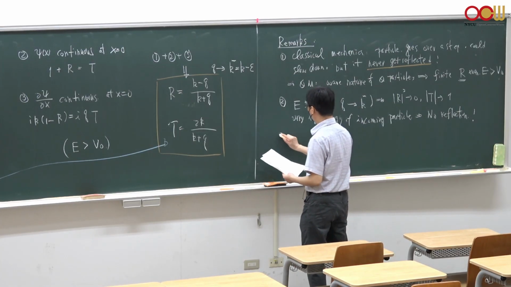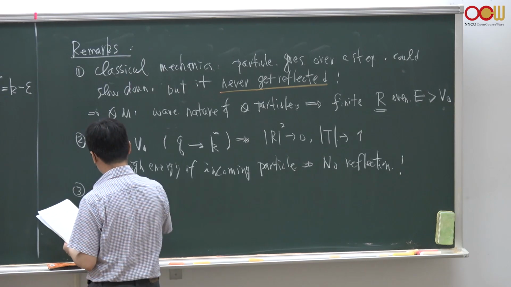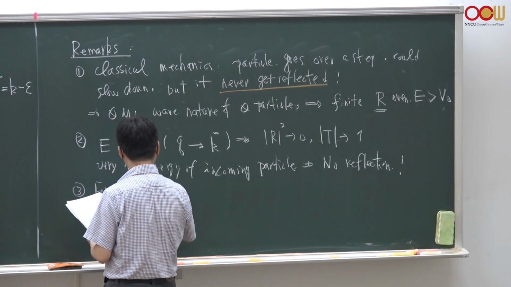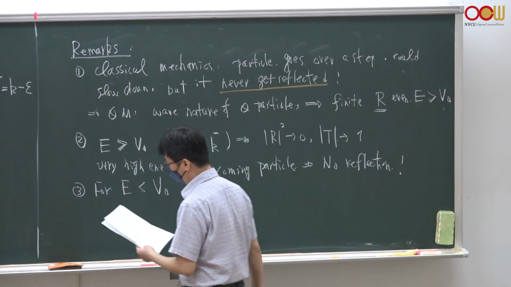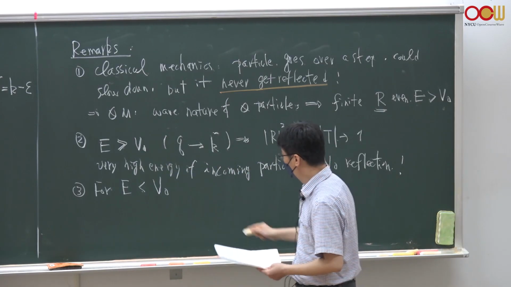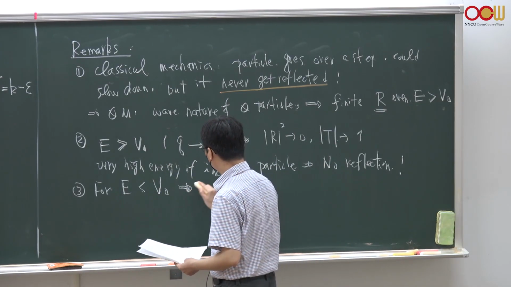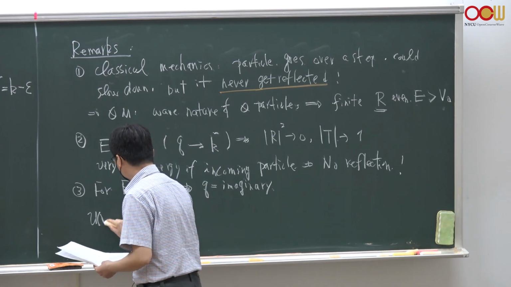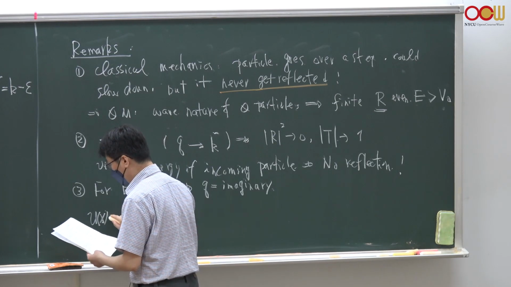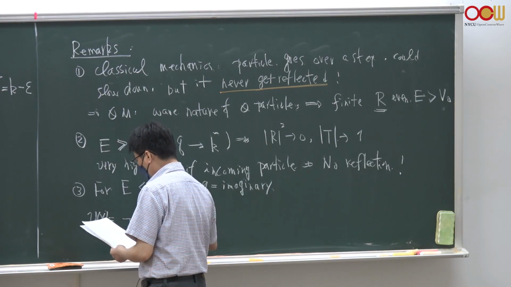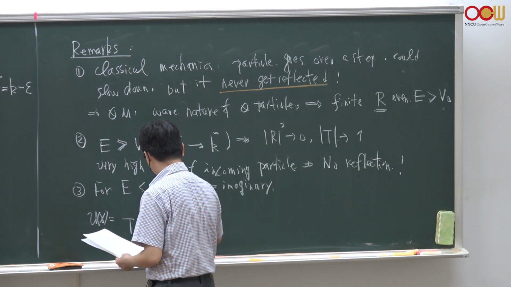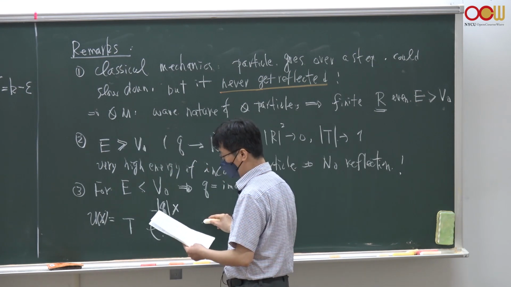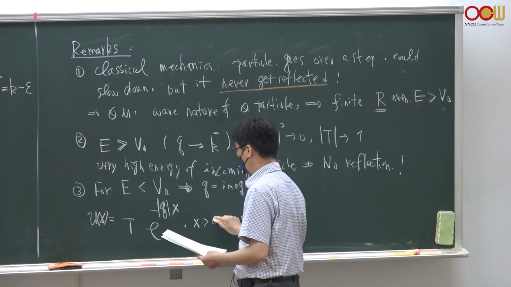So number 3, what happens if the incoming energy, capital E, is smaller than the potential step, V0? In this case, as I mentioned, q goes to purely imaginary. So the solution on the right side of the step goes like e to the minus the absolute value of q times x, for x positive.